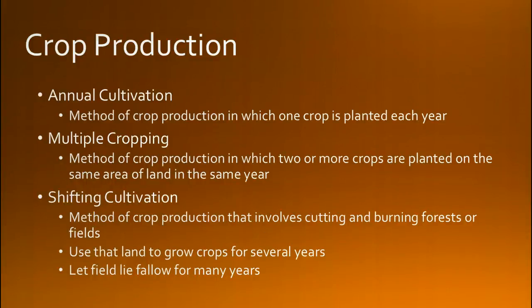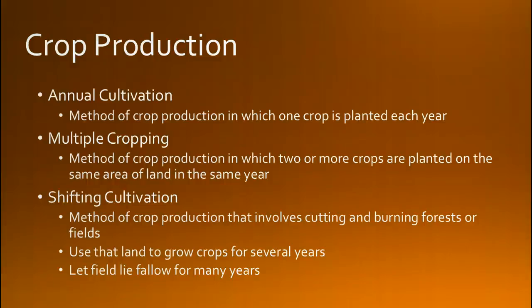Then we have shifting cultivation, a method of crop production that involves cutting and burning forests or fields, then using that land to grow crops for several years or until the land no longer supports crops, and then letting that field lie fallow for many years. Fallow describes a field that was used to grow crops but isn't being used to grow crops anymore.